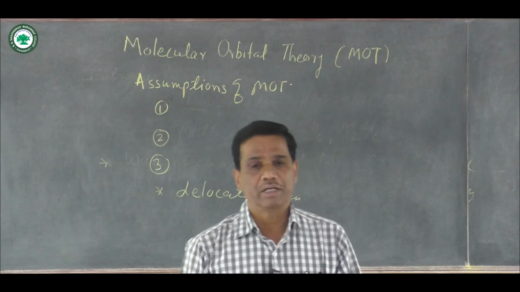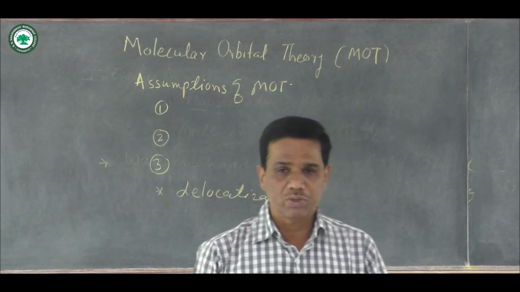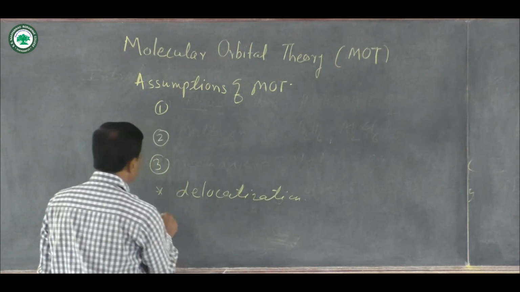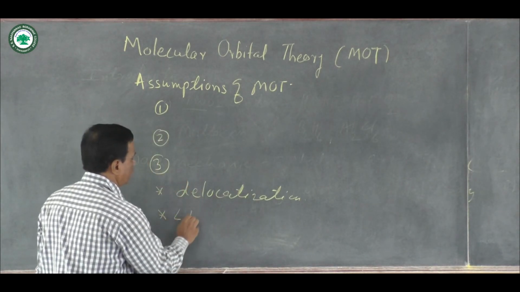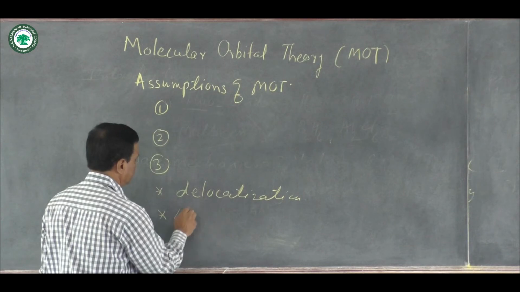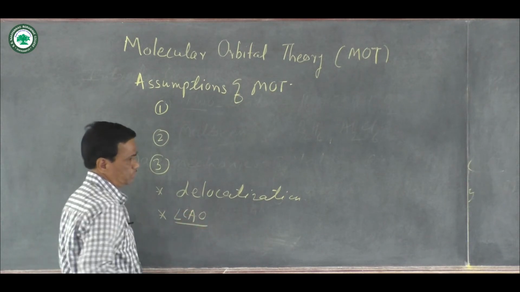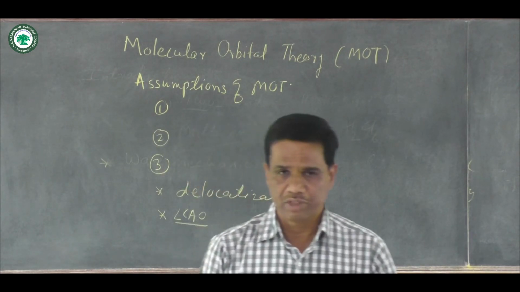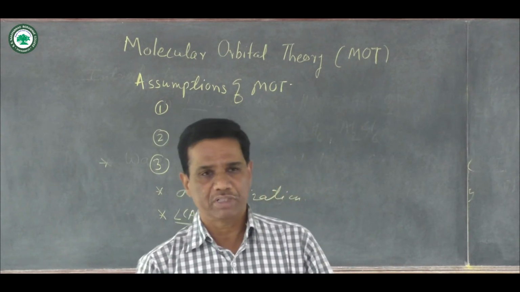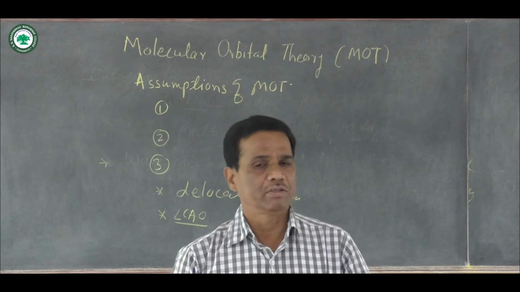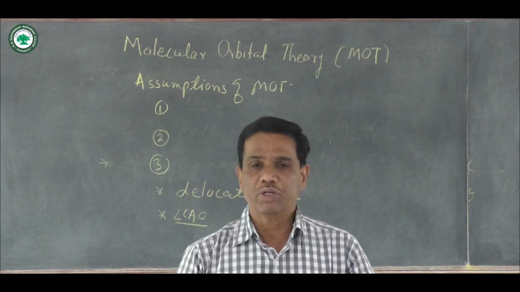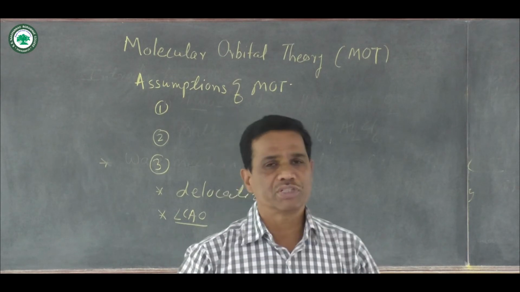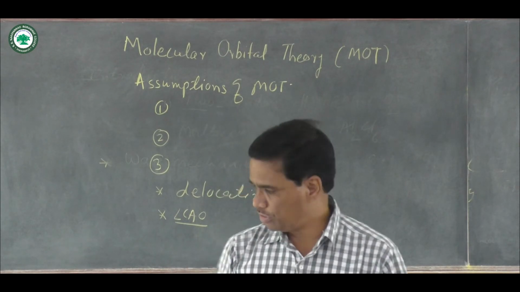And like that, when there is a combination of atomic orbitals, they obey the linear combination of atomic orbitals, LCAO. Means when molecular orbitals are formed in molecules, there is a linear combination of atomic orbitals, and these are the assumptions of molecular orbital theory.